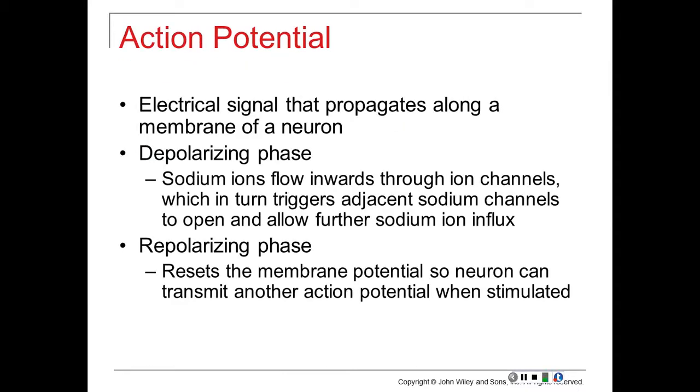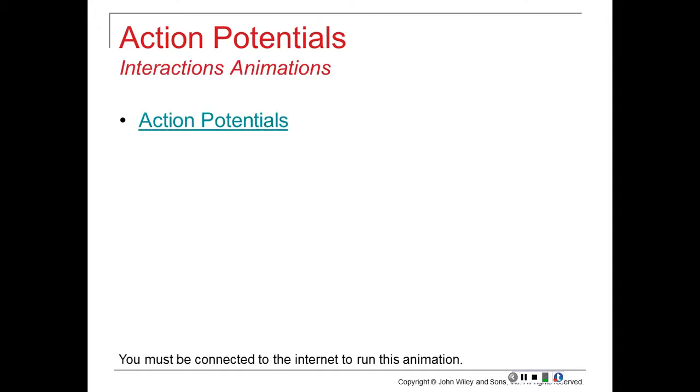An action potential is when that electrical signal propagates or moves along the membrane of a neuron. The beginning phase is the depolarizing phase. This is when the sodium channels open and sodium rushes into the cell. The repolarizing phase is when the sodium channels close and potassium channels open and potassium rushes out of the cell. This animation goes through action potentials.